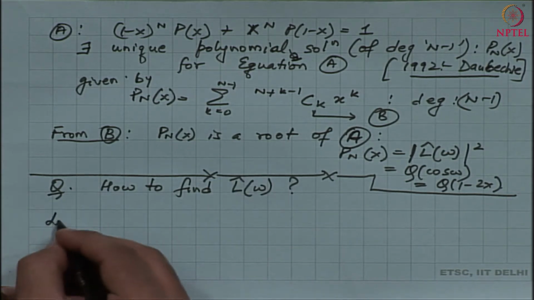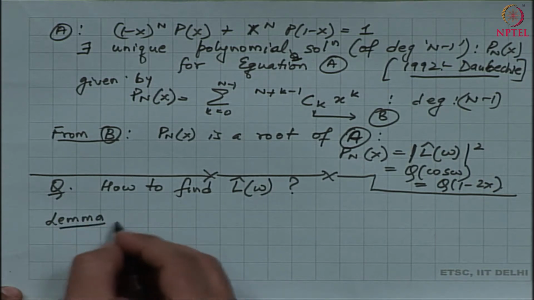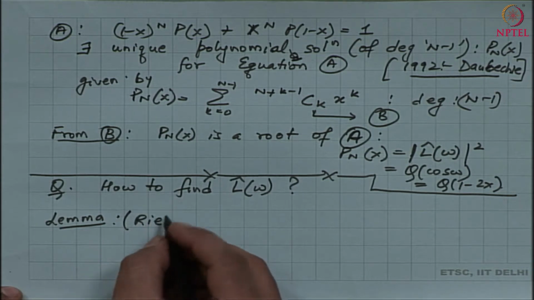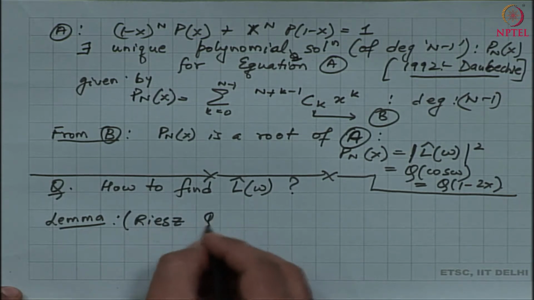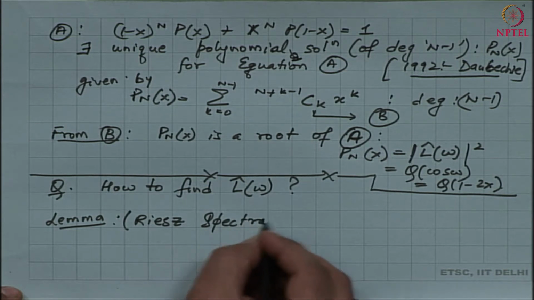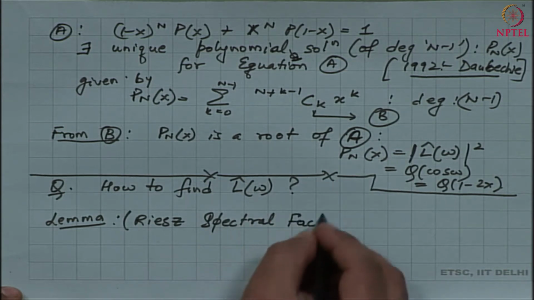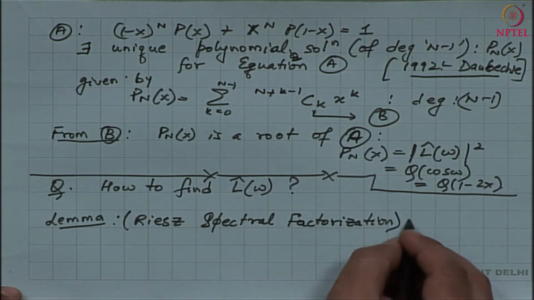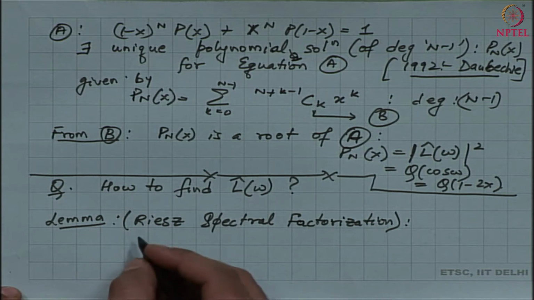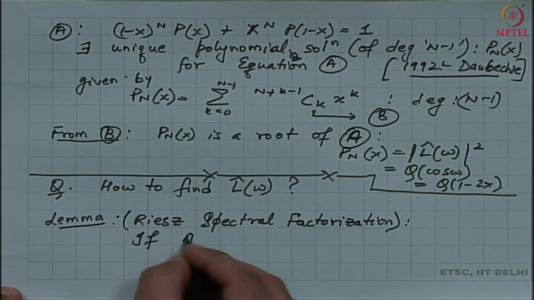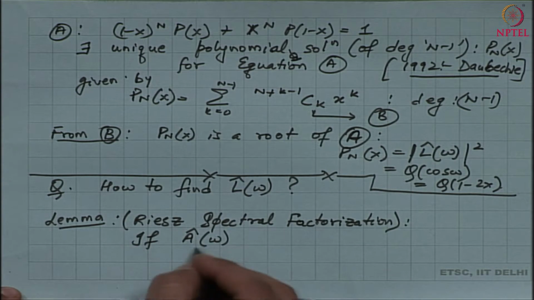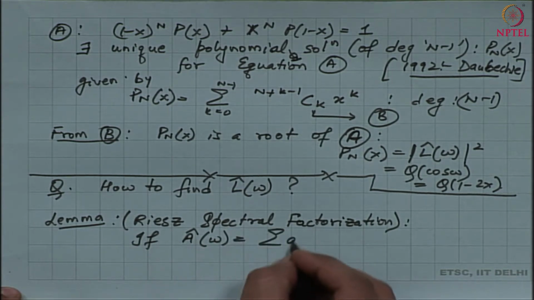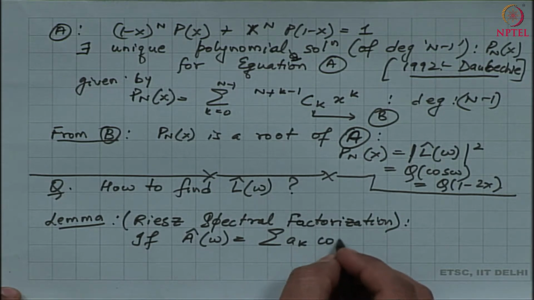We do not have to do much because there is a very nice result in the form of a lemma. Let me highlight that result, the Riesz spectral factorization lemma, which tells that if I am given a function, let me denote that function A hat omega, it can be represented as a polynomial of cosines.